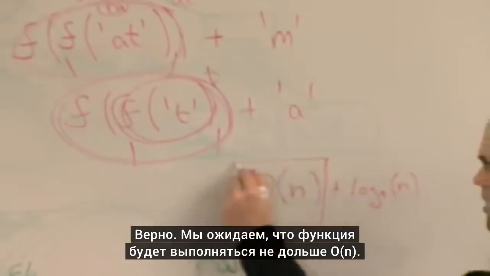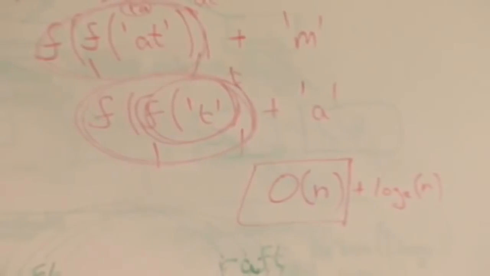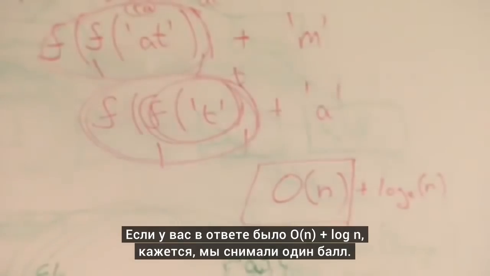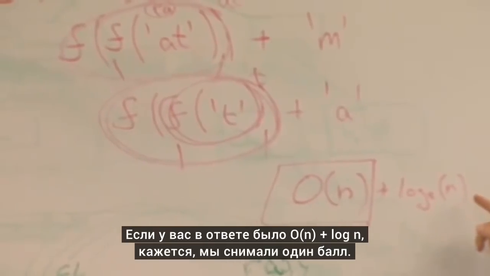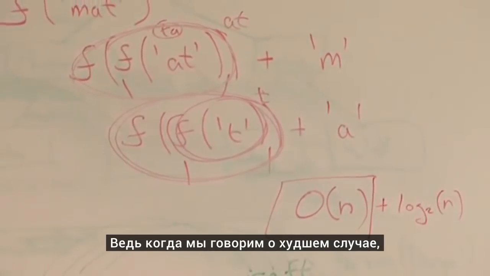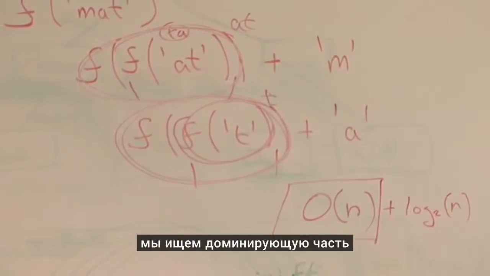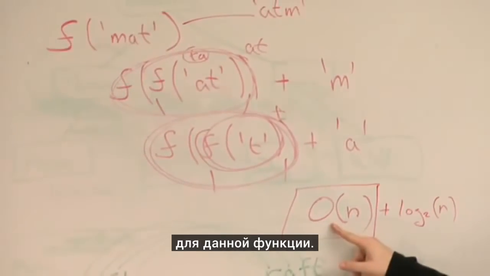So it's just going to be O of n. If you had O of n plus log n, I think we took a point, just because when we talk about worst case scenario, we're looking for the dominating portion of the function.